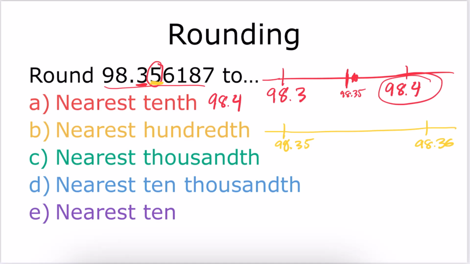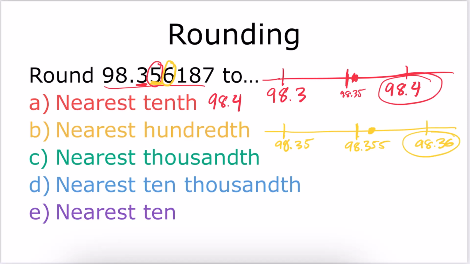And so I'd say, okay, well, based on my next number, which in this case is a 6, that tells me that the decimal they gave me is a little bit past the halfway mark, because the halfway mark would be 98.355. And so that tells me that in this case, I'm going to round up as well.